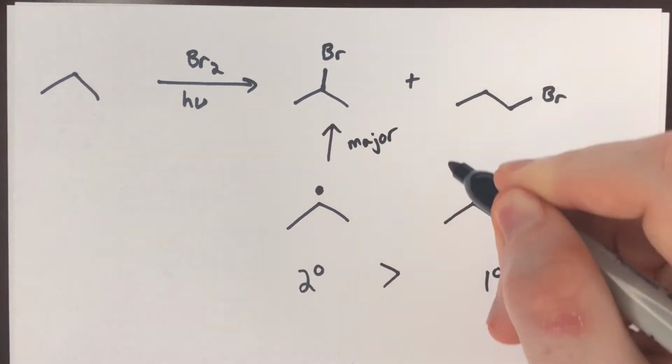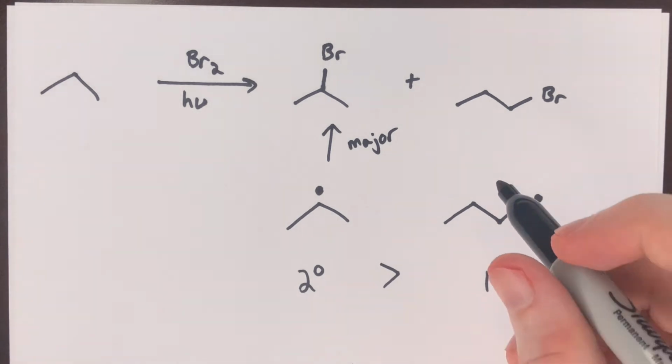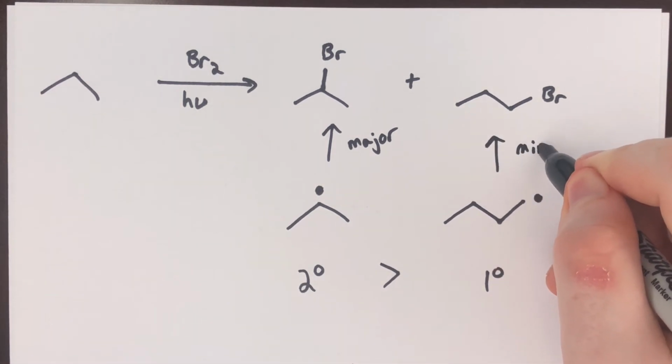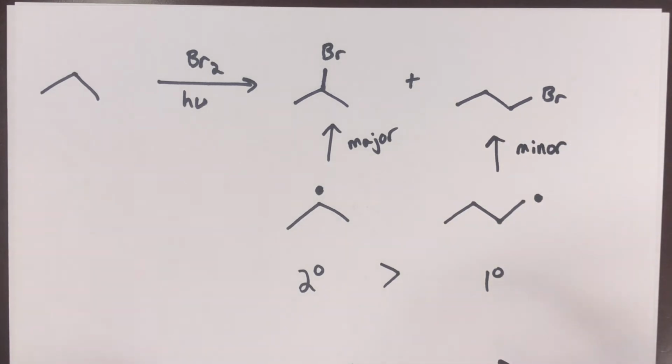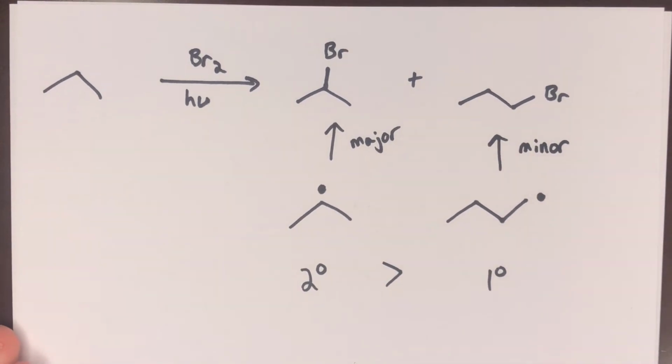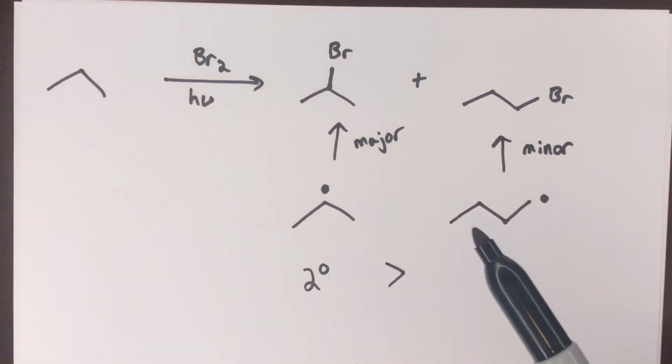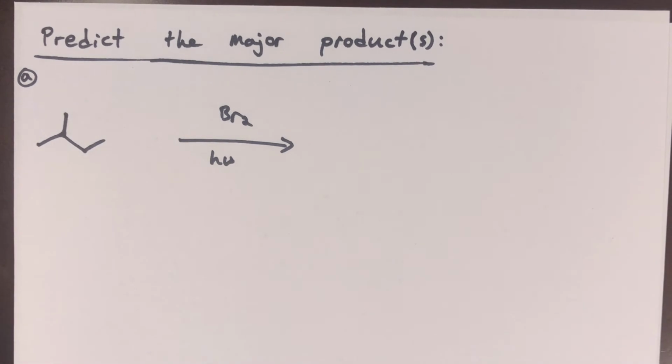However, it's not impossible for this to occur, so this will form and it'll be the minor product. So again, we can use the relative stability of the radicals based on the bond dissociation enthalpies to predict the major product. For the remainder of the video, we'll look at several examples where, again, we can use this bond dissociation enthalpy idea to predict the major product of the reaction.